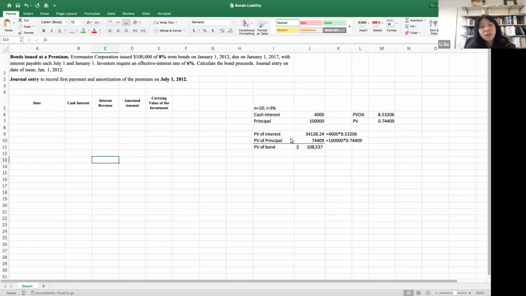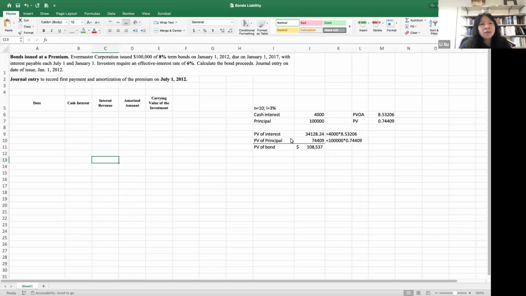When the company issues the bond and goes to the open market, the investors are the ones who decide how much they are willing to pay for this bond investment. Therefore, based on how risky the company is, the investors decided to pay 6%. So the 6% is the real market rate, or the borrowing cost for the firm.